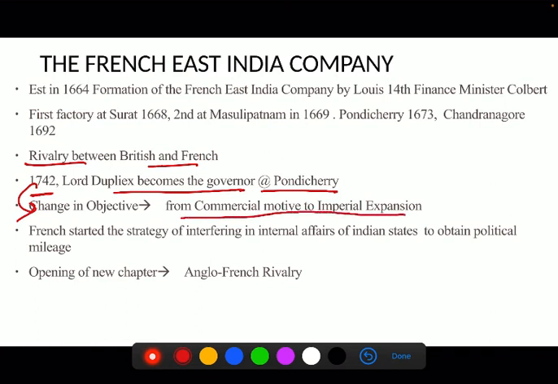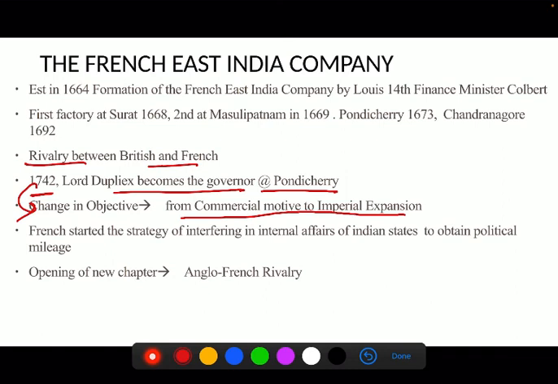I would like to add one more point: Dupleix was the first person who started intervening in the internal affairs of the country, which the British mastered later.